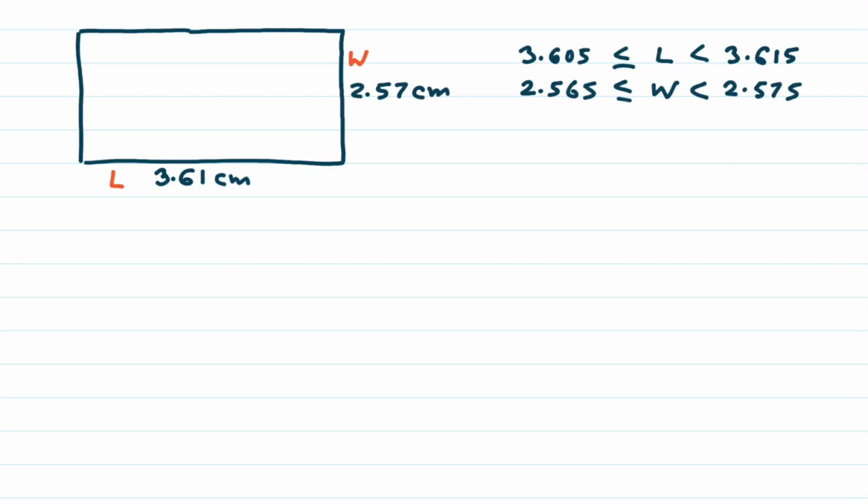Now the next part is to find the upper and lower bounds of the area of this rectangle. So first of all, I will write the area of the rectangle, which is length times the width. Now we'll work out the lower bound of this area.